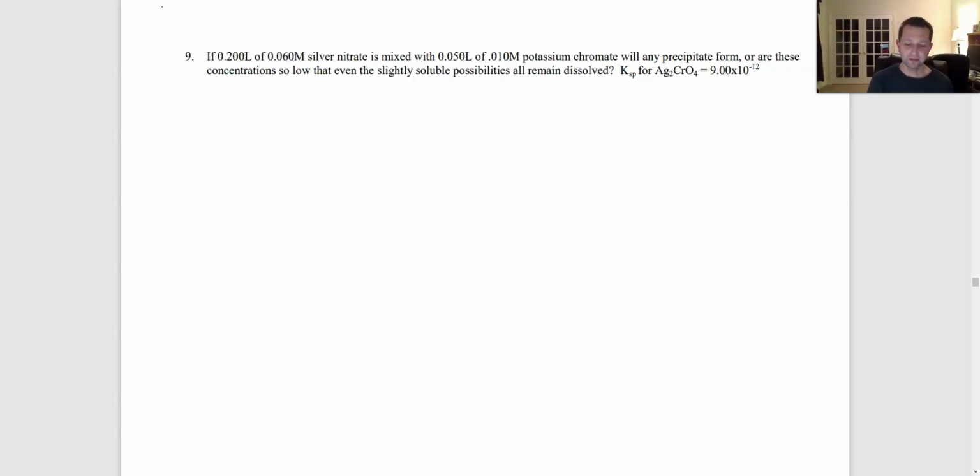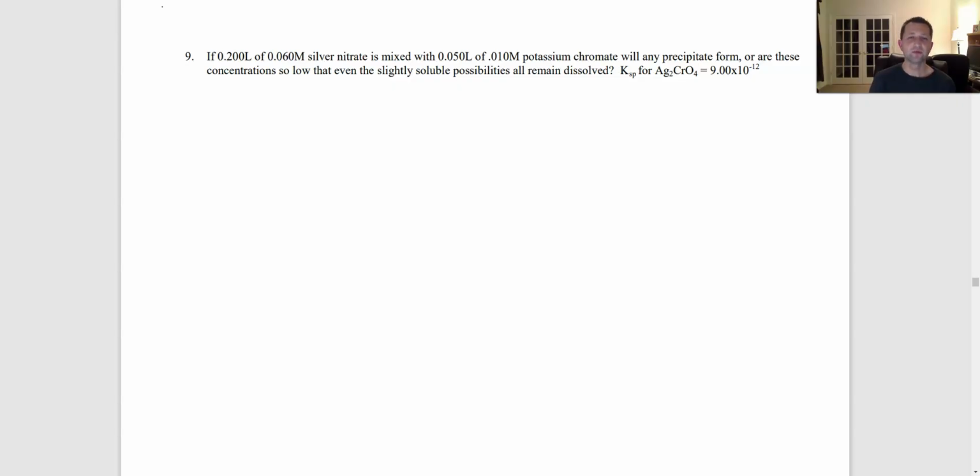So basically what this question is asking is, do you have enough ions present in solution to have that tiny bit dissolve and the rest stay together in the undissociated form as a solid precipitate? Or do you create such a small amount of ions in this problem that the compound will dissolve, create your ions in solution, and not have enough to precipitate out?